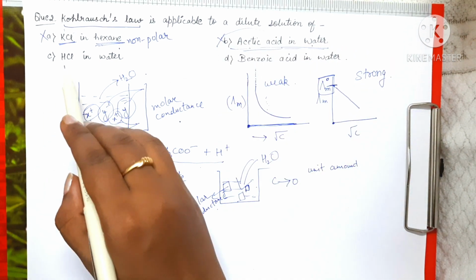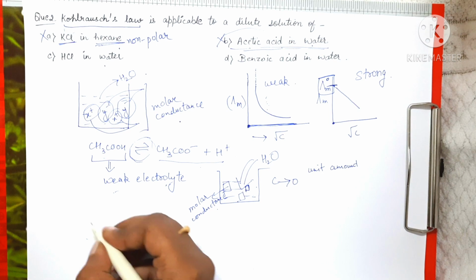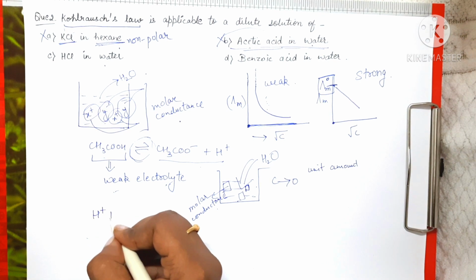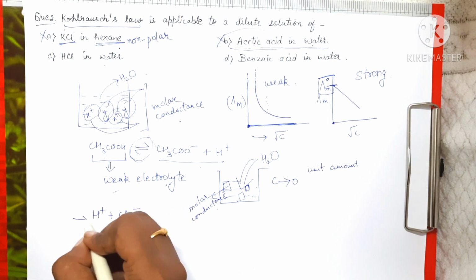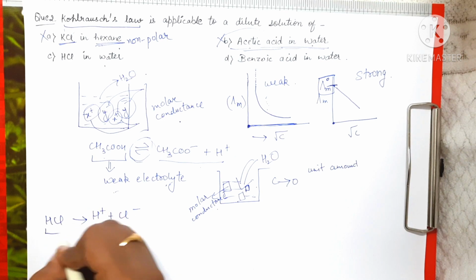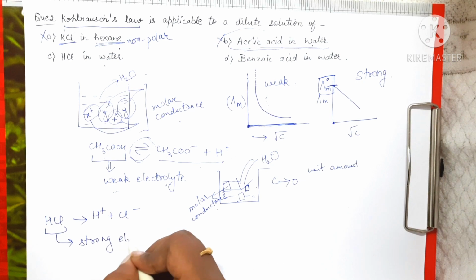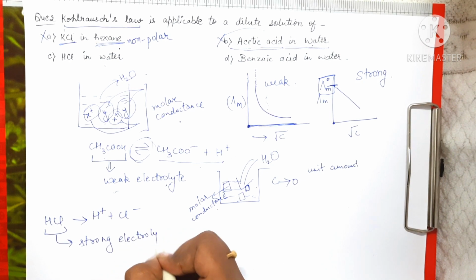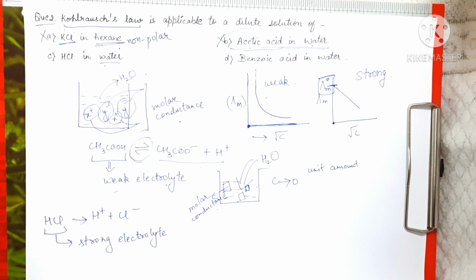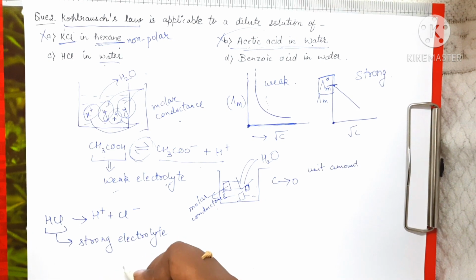Okay, now in the case of HCl in water, HCl completely dissociates into H positive and Cl negative because HCl itself is a strong electrolyte. Also we are adding water, which is a polar solvent, right?